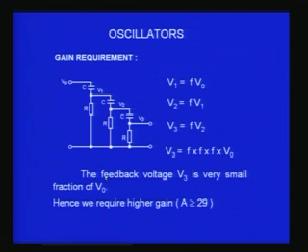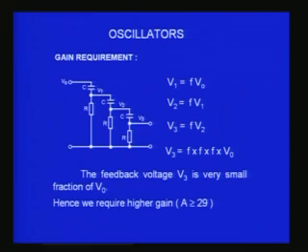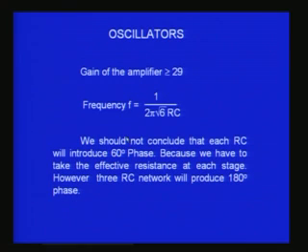When you really analyze the circuit, you would get an expression where you would find that the gain of the amplifier for the phase shift oscillator to work should be greater than or equal to 29, to make A beta equal to 1. Why is it so? We will try to derive the expression quickly later on. We also should remember that the frequency is given by the expression f is equal to 1 by 2 pi root 6 RC. That root 6 is the factor which comes in addition to the normal 1 by 2 pi RC term.